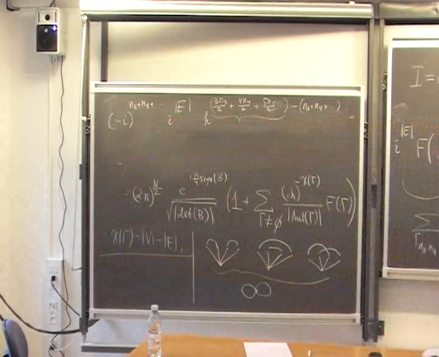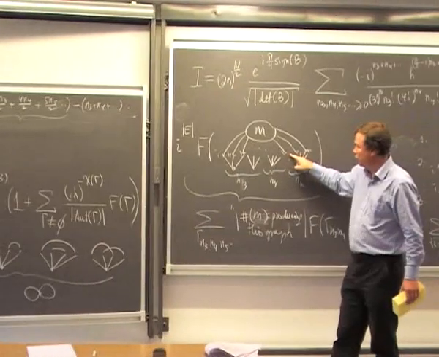So we have n4 trivalent vertices, so the number of the endpoints of these vertices will be 1, 2, 3 from each vertex, and so 3 and 3 is the number of endpoints here. 4 and 4 is the number of endpoints here.